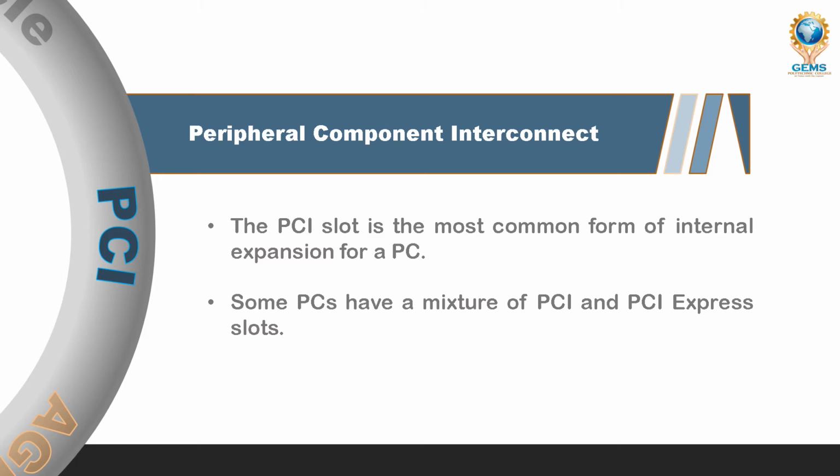PCI Express is an upgrade of PCI, and the PCI local bus was first implemented in IBM PC compatibles, where it displaced a combination of several slow ISA slots and one fast VESA, that is video local bus, slot as a bus configuration.